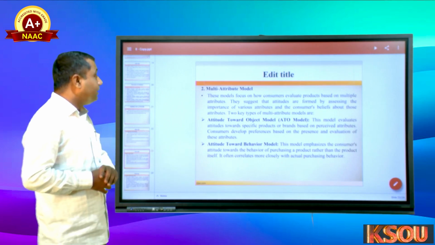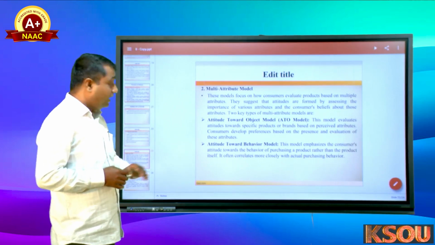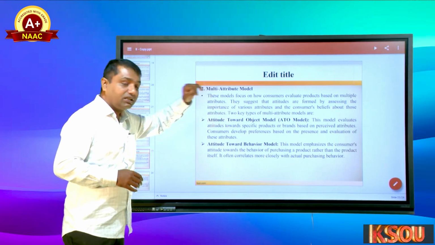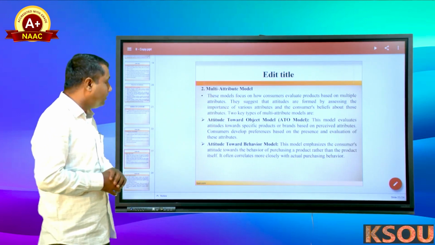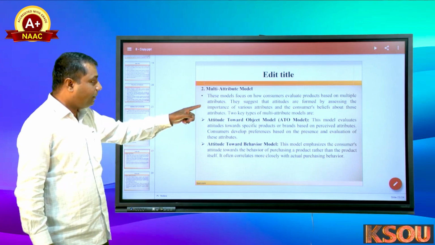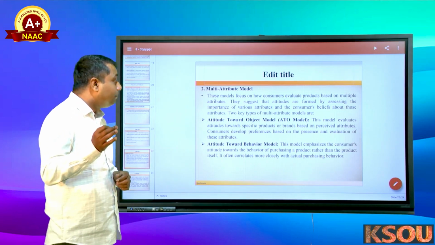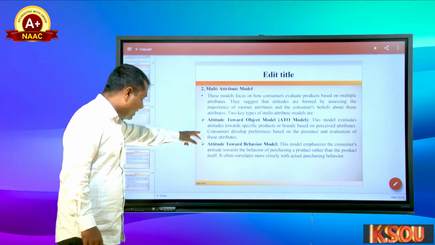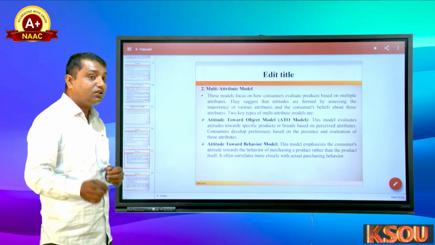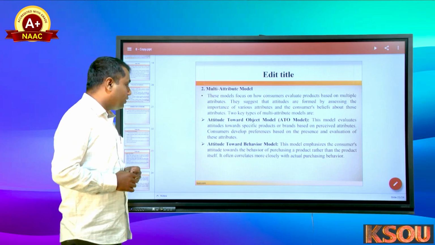Next one is the multi-attribute model. In this model, 2 things are there: the attitude towards object model, which we may call the ATO model. This model evaluates attitude towards a specific product or brand based on the perceived attributes. Consumers develop preference based on the presence and evaluation of these attributes.